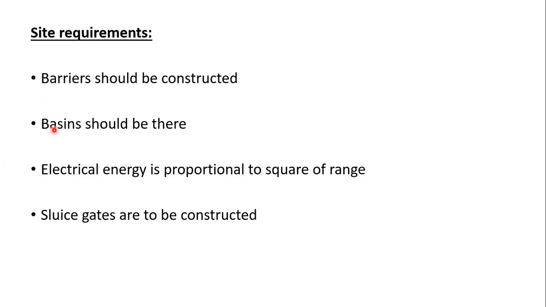We will see now. The utilization of tidal electric energy requires the construction of barriers across the narrow inlet to the estuary or bay. These barriers form an enclosure that we call the basin.